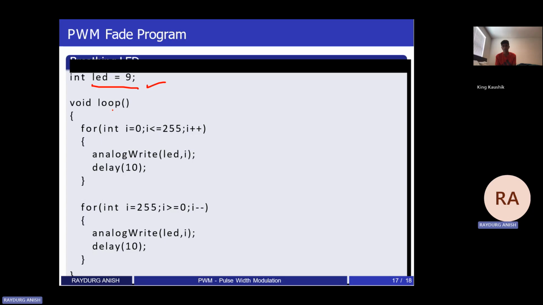This is fine. Now the first loop: for int I equal to 0, I less than 255, I plus plus. It means I equals I plus 1. So let us see iteration 1. Initially I is 0, yes or no? And then analog write at 9, in the first iteration I is 0, so LED is off.